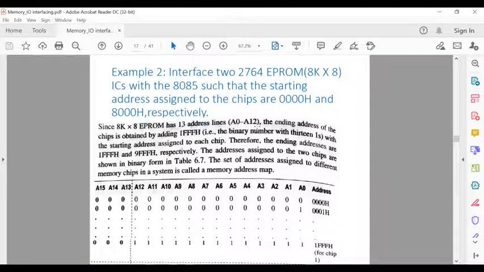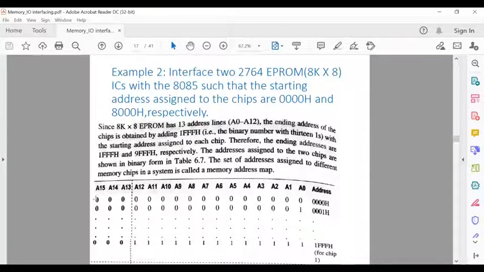Okay, the ending address of the chip is obtained by adding 1FFF. How? Last day I told you about the process. The starting address is given as 0000 for EPROM 1 IC, and 8000 for EPROM 2. Now consider the first one, EPROM 1.